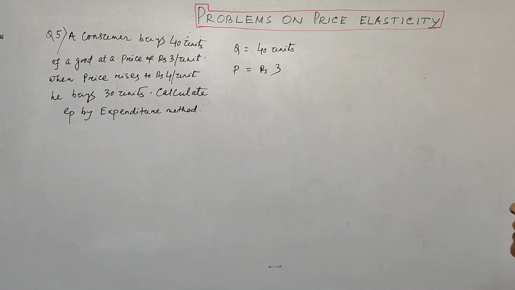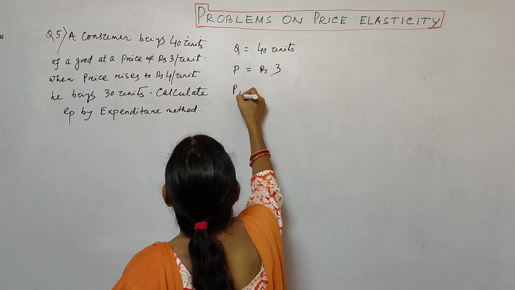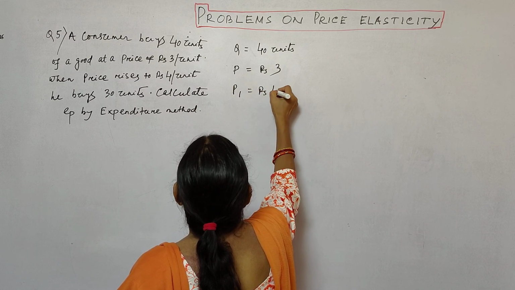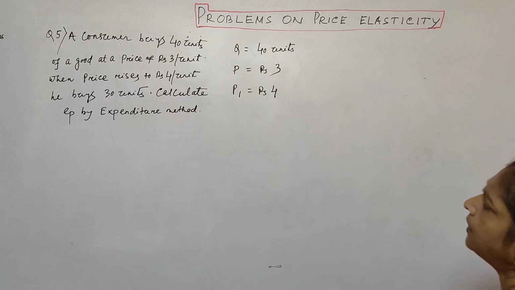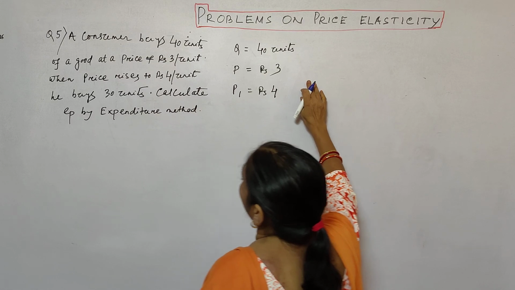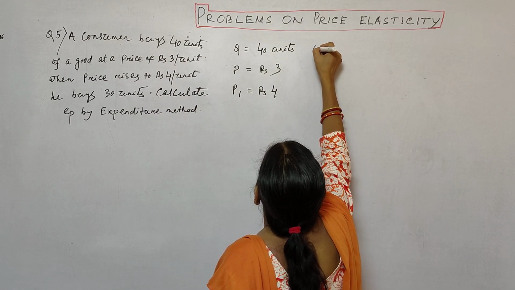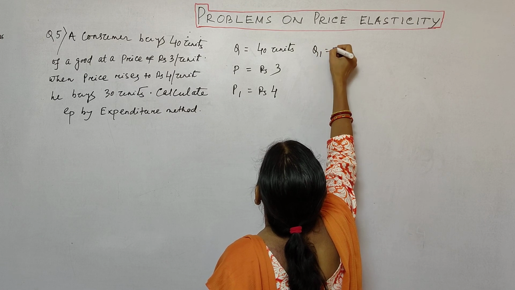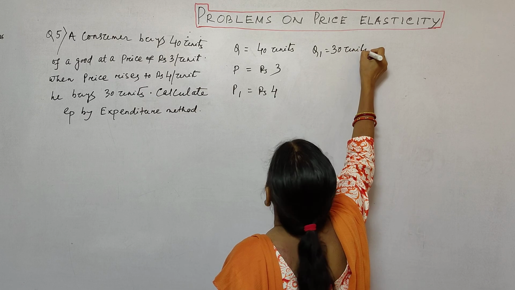When the price rises to rupees 4 per unit, P1 equals rupees 4. Now the price rises to rupees 4 per unit. He buys quantity 30 units. Q1 equals 30 units.